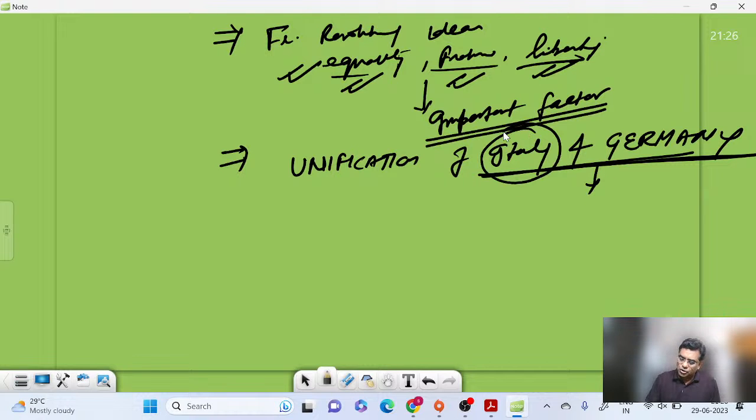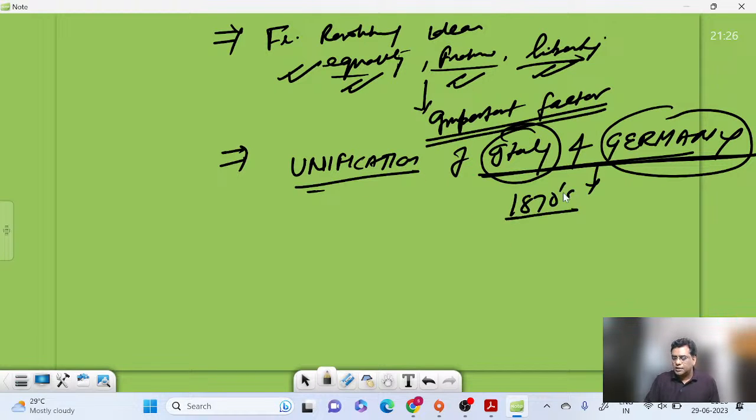Italy became a nation, Germany became a nation. So the unification of Italy and Germany in the 1870s had a deep impact on the entire rise of national issues.